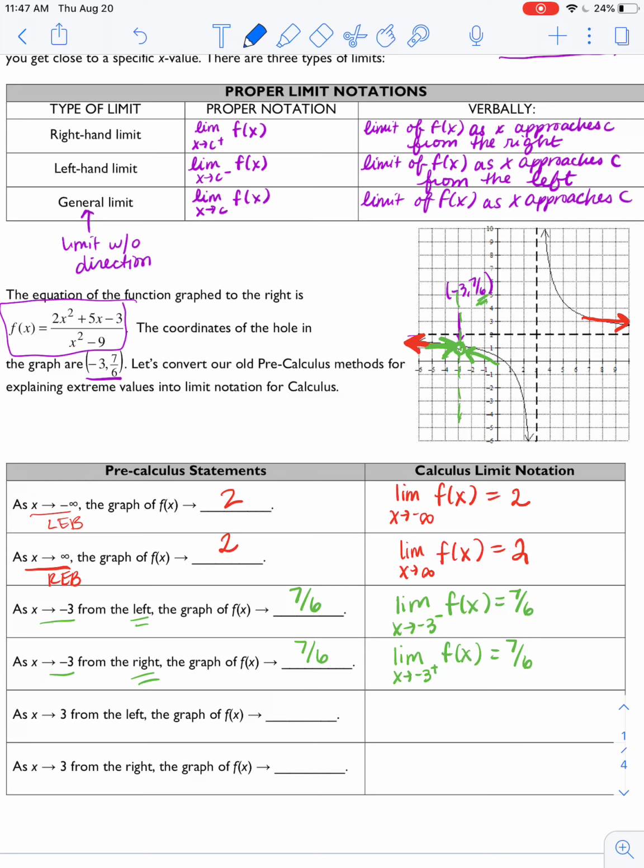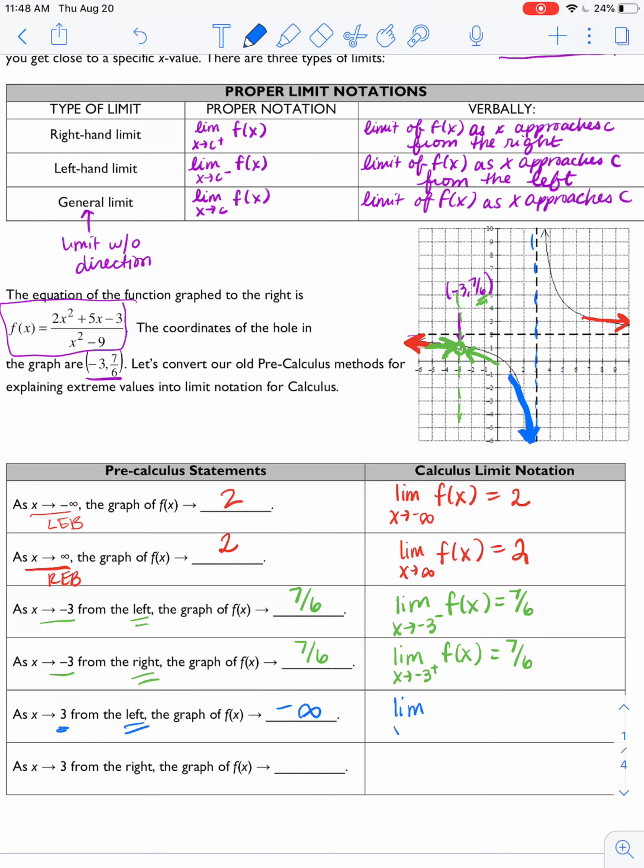All right, as x approaches 3 from the left, what is the graph of f of x doing? So if I look at my graph at 3, I notice that I have this vertical asymptote. And so from the left, I'm going to go to the piece from the left and move closer and closer to 3. So notice I'm from the left. I actually move right, but it's from the left. If I follow that graph, get closer and closer to 3, I can see that my graph is going down towards -infinity.